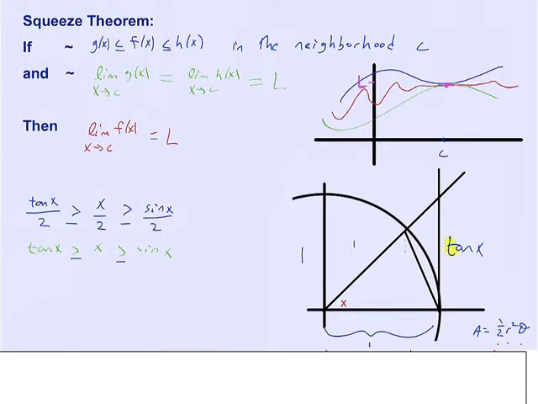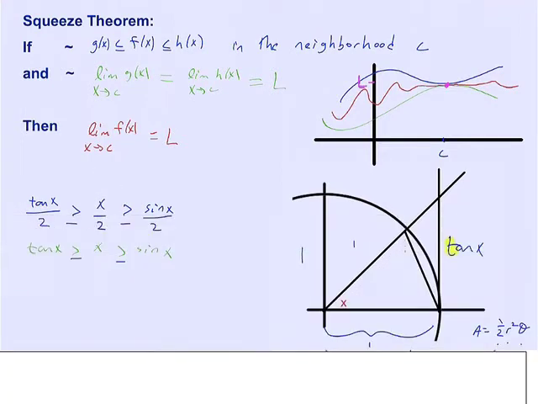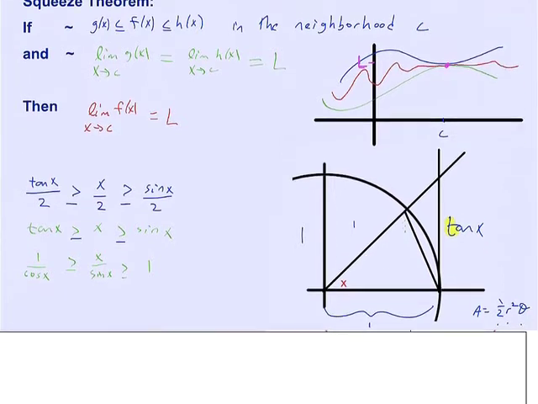Dividing everything by the sine of x, that becomes x over the sine of x in the middle. Sine of x over the sine of x is, of course, 1. And the tangent of x divided by the sine of x is just 1 over the cosine of x. If you're not sure how, take a second to work it out and figure out why.